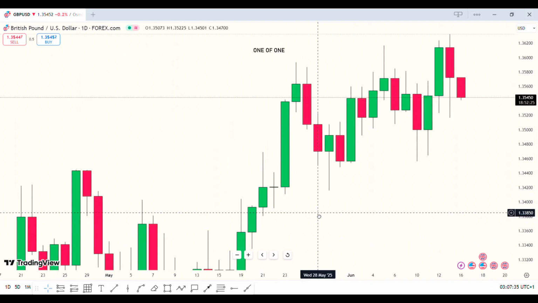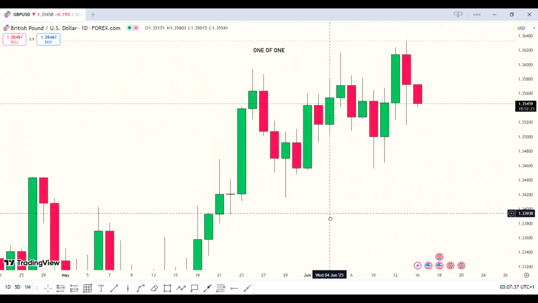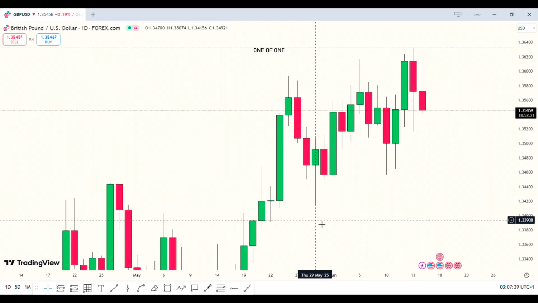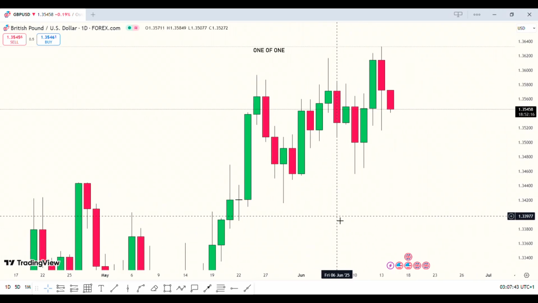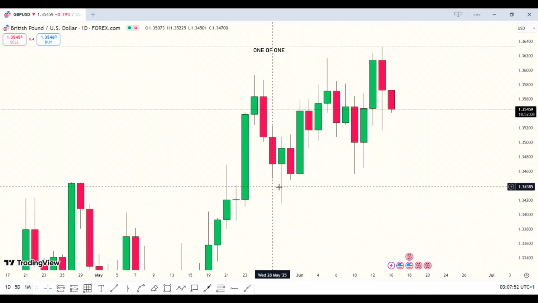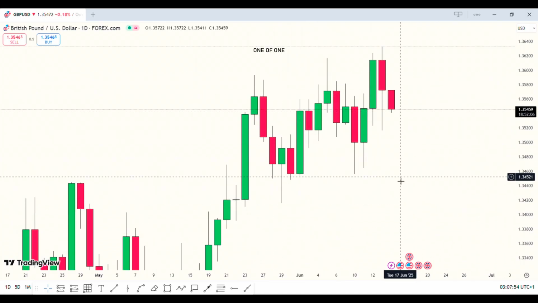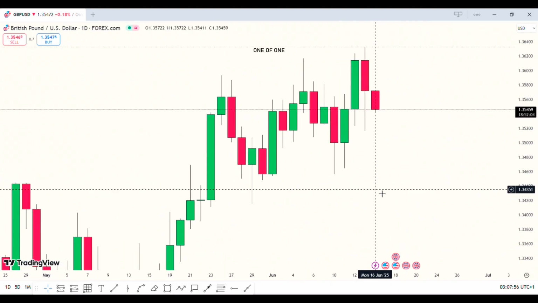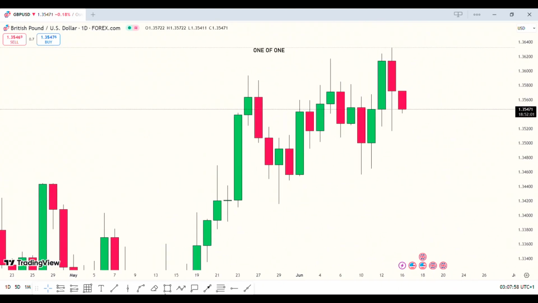Obviously I'm going to be working with hindsight, but hopefully on my Twitter and on my Telegram channel I would be sharing real-time updates or real-time trades that I take using this single price POI concept.